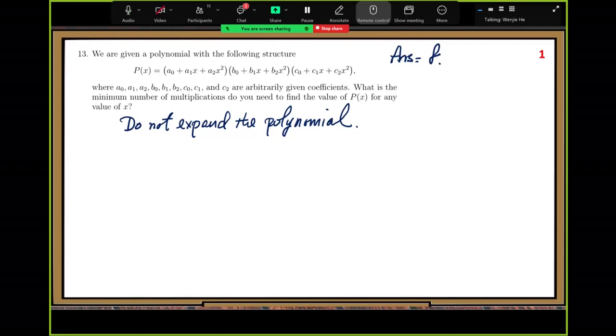The reason is very simple. Many people tend to do expansion. The opposite of expansion is factorization.